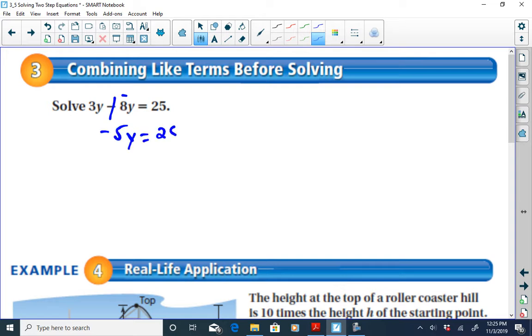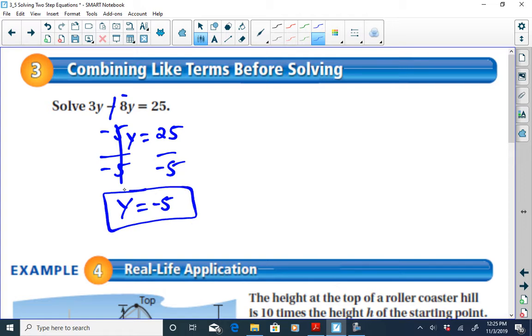That's going to be equal to 25. So once I combine those like terms, I get a one-step equation. I use the inverse operation. Right, so I'm going to divide both sides by the negative 5. They cancel. Y is going to be equal to negative 5.